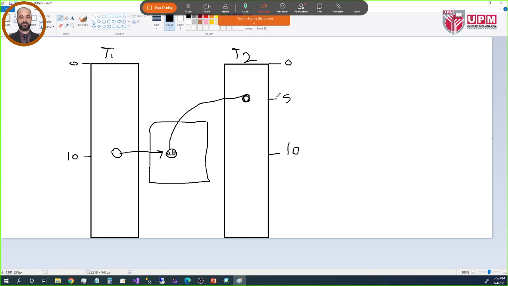So in this case, task 2 has to do some kind of synchronization to wait until task 1 prepares A and B for it.